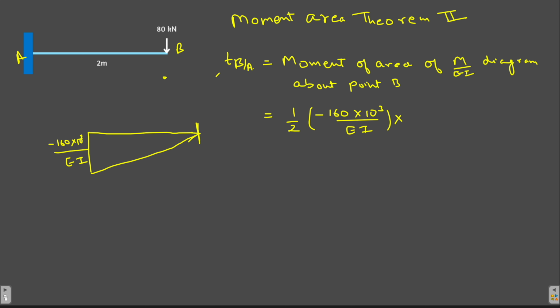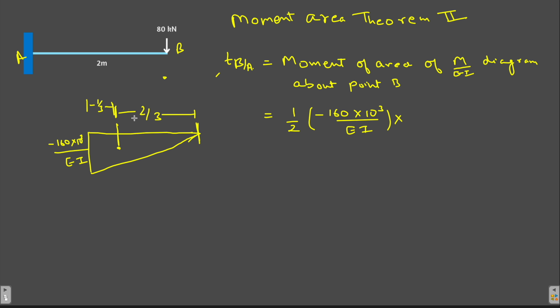Now where is the centroid of the triangle? The centroid of the triangle lies at a distance of 2/3 from the vertex, or you can say it lies at 1/3 distance from the base. This is very important for you to know.